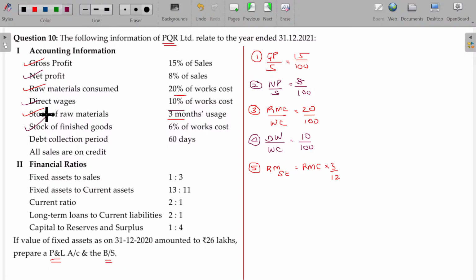Sixth, stock of finished goods. Finished goods stock is 6% of work cost.